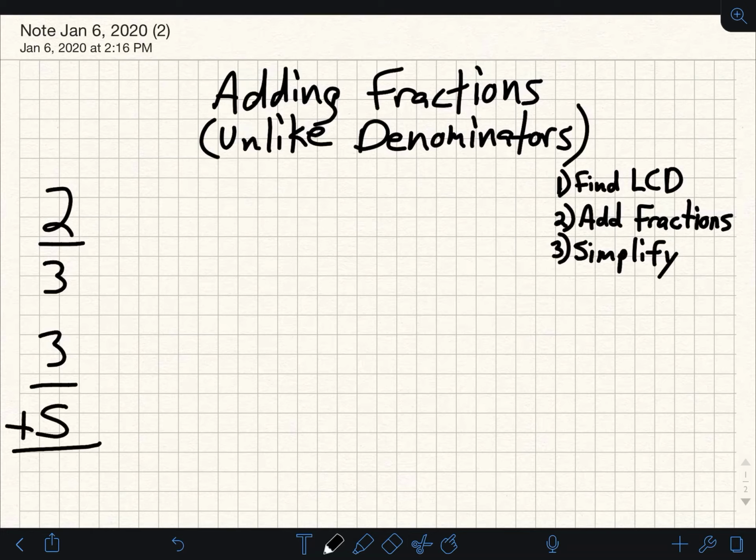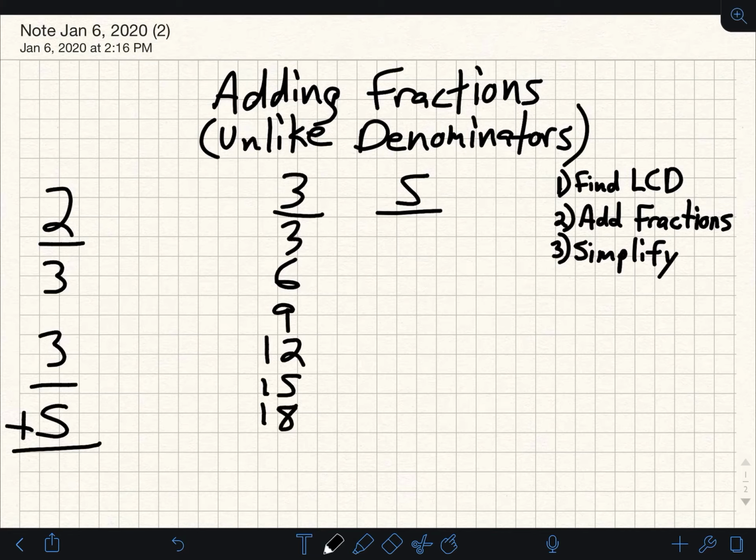We have a 3 for one denominator, we have a 5 for the other denominator. We need to find the least common denominator, and this is the same thing as the least common multiple. So I will look at 3 and 5, and I will write multiples for 3. So we have 3, 6, 9, 12, 15, 18.